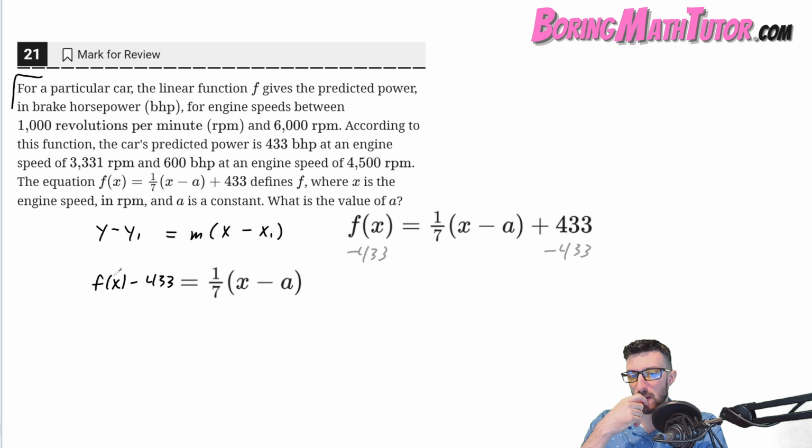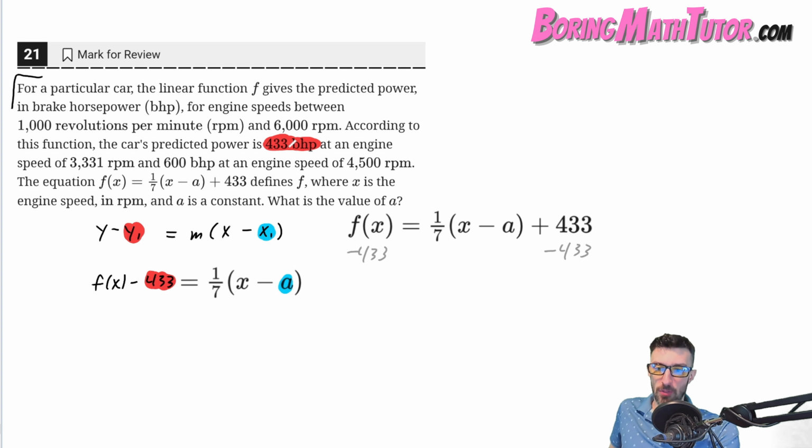And okay, the 433, maybe that's my y1 when my x1 is A. Okay, but where do I see the 433 show up in the problem?